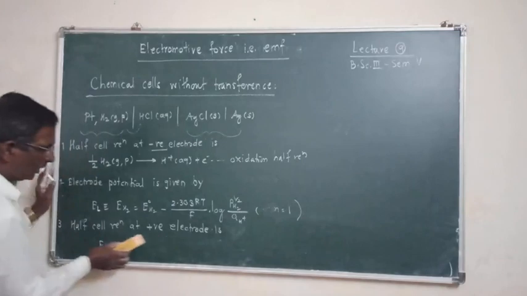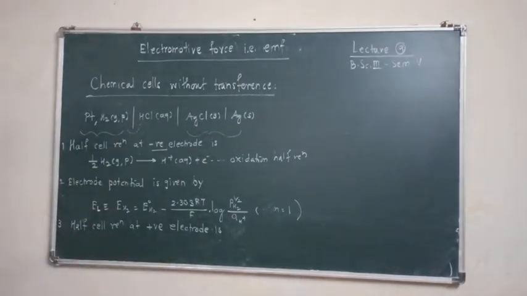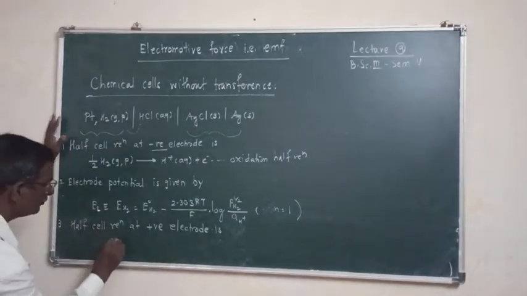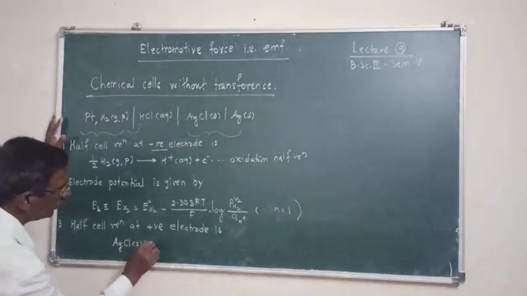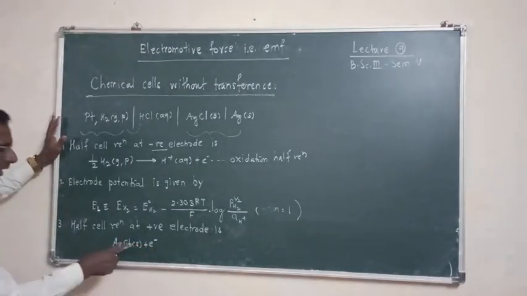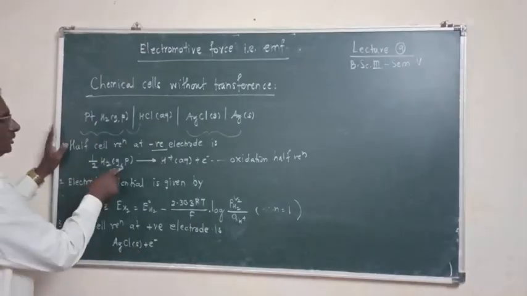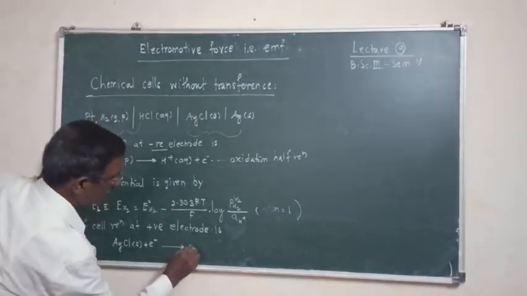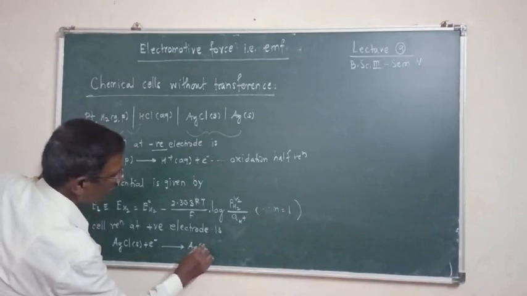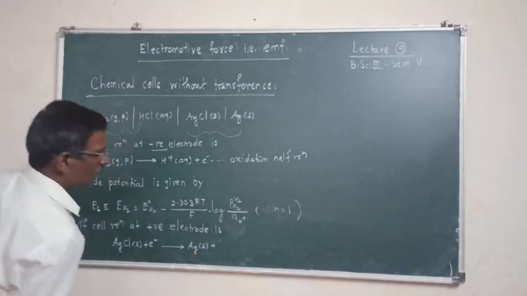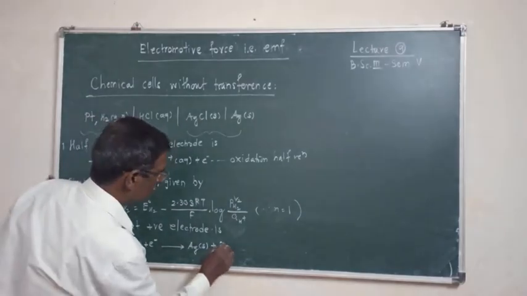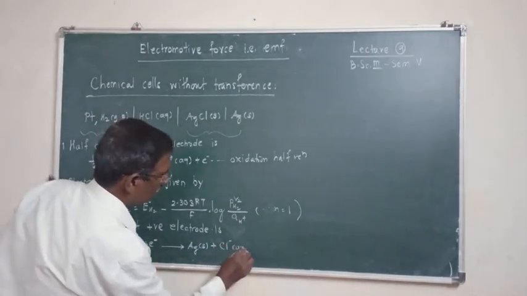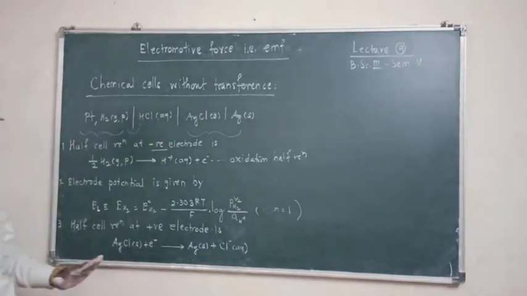This is the electrode potential. The half cell reaction can be written as AgCl plus electrons gives Ag plus Cl-. This is the reduction half cell reaction. All these things you should learn in the types of electrodes. This is the half cell reaction at the positive electrode.